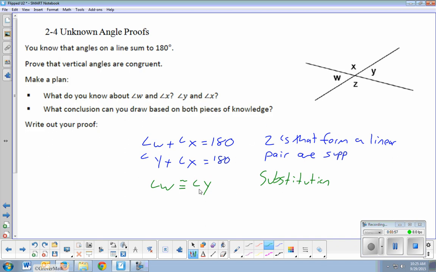What I mean by that is that I can replace W and Y with each other, and it won't affect the problem. If I substitute W for Y, I am simply left with this equation, and it still equals 180. So therefore, they are the same. So W is congruent to Y because of substitution, and this proves that vertical angles are congruent. I just proved that this angle is congruent to this angle because they're both supplementary with angle X.